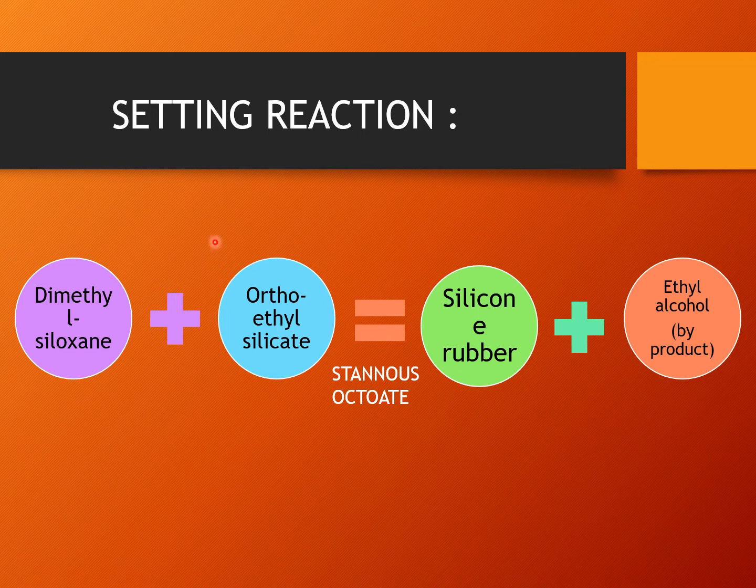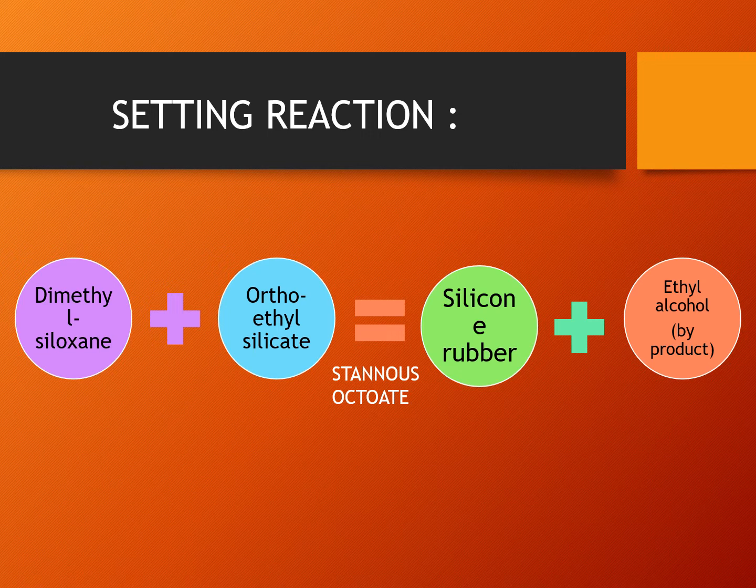Here cross linkage between orthoethyl silicate and the terminal hydroxyl group of dimethyl siloxane happens to form a three-dimensional network of silicone rubber. This is an exothermic reaction and a condensation reaction also, with the byproduct as ethyl alcohol.